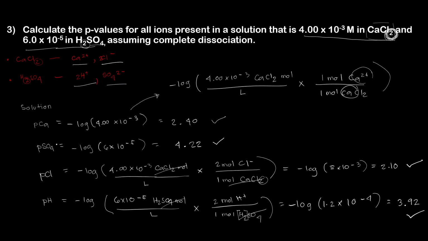We got the PCa, PSO4, PCl, and pH with slight difference of solving from the PCl and pH because of its stoichiometric relation of its ions. Okay, so you must also be observant of their stoichiometric coefficient or stoichiometric relations because that can change how you solve its p value as well.